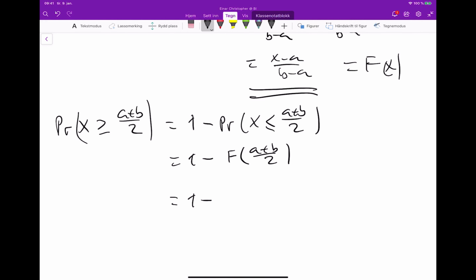1 minus x is a plus b divided on 2 minus a divided on b minus a.